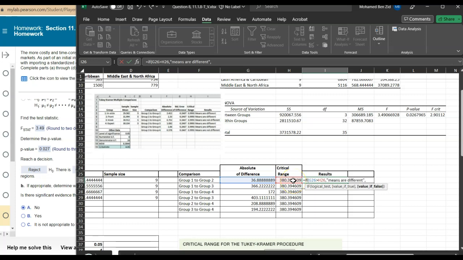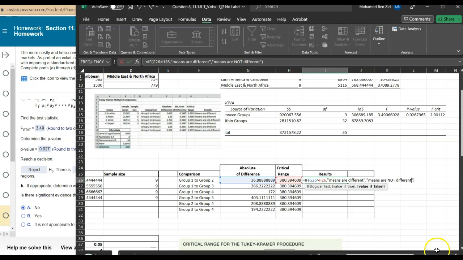Otherwise, inside the quotation marks, I say the means are not different, which is the alternative statement.